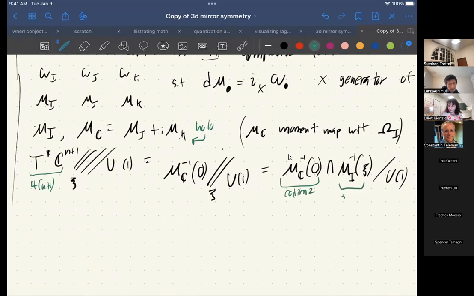This loses 1 dimension. So these two things in total lose 3 dimensions. And we've divided by U1, so in total we've lost 4 dimensions. So this is dimension 4n. So despite the fact we divided by a one-dimensional group, the dimension of the space dropped by a factor of 4, which is why we have 4 slashes here.